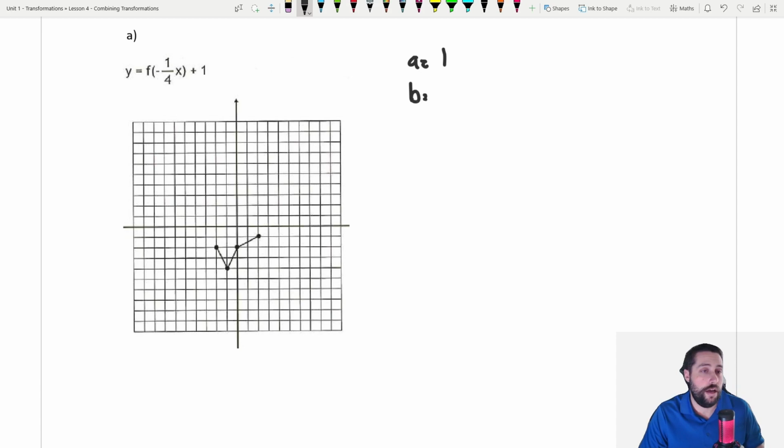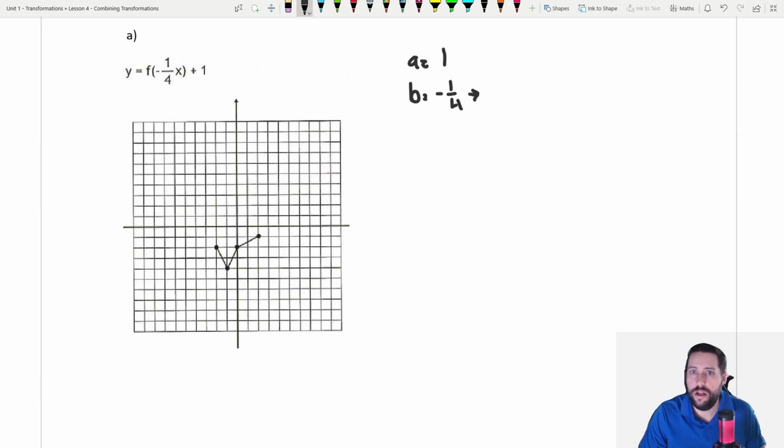B, so how is this going to affect our value? Our b is going to be negative 1 over 4, which means the horizontal stretch factor will be the reciprocal of that. So we will stretch it by a factor of 4.